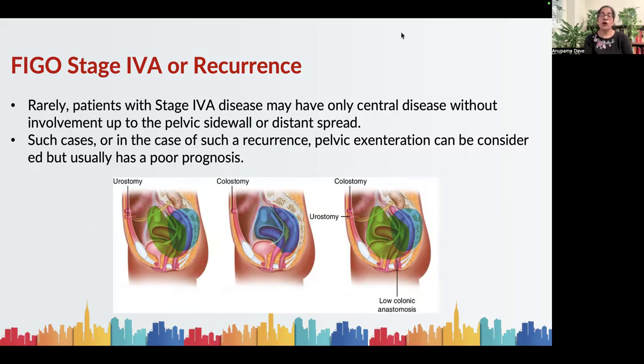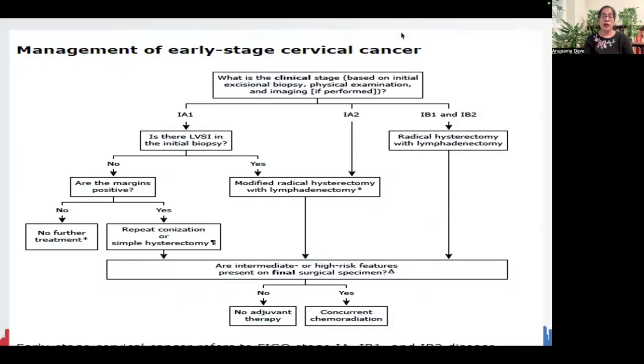In such cases, or in cases of central recurrence involving the bladder and rectum, pelvic exenteration can be considered an option, but again, as has been mentioned, it has a poor prognosis. The bladder is also opened outside, or the ureters can be implanted into the sigmoid, and at times the rectum is also opened outside, and a stoma is made.